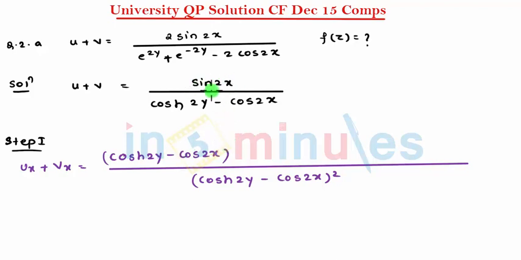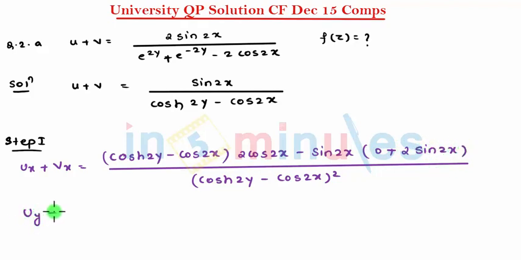Differentiation of sin 2x comes to be 2 cos 2x, minus sin 2x as it is. Differentiation of cos hyperbolic 2y is 0, minus this becomes plus 2 sin 2x.